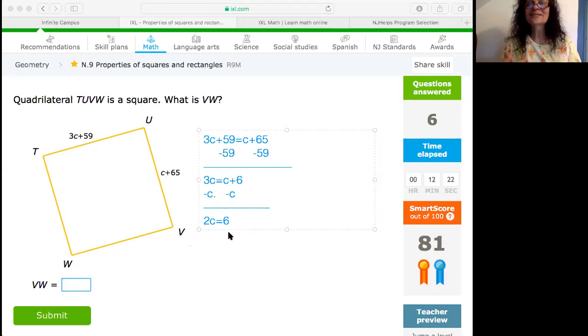Okay, so but we need to pay attention. We just got the answer C equals 3. But are they asking about this? They are asking about VW. Okay, I know that all sides are congruent, so I can just plug it in either this side or that side, whatever is easier for you. So if you're saying C equals, we found out that C equals 3, right?